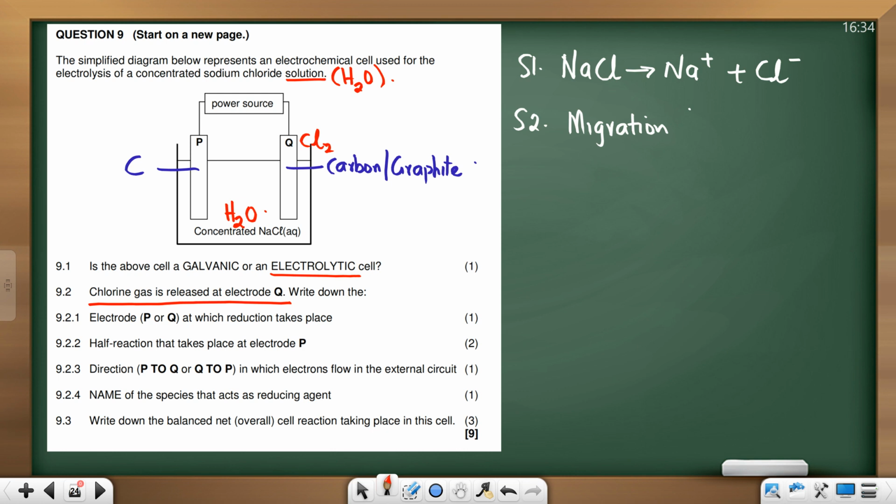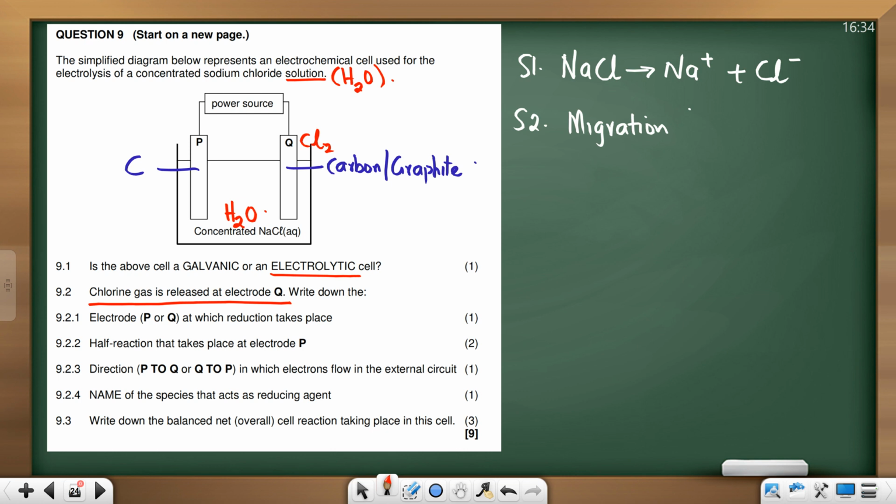Wait. Is chlorine a positive ion or a negative ion? It's a negative ion. All right. It is negative. What does that make Q? Is Q positive or negative?